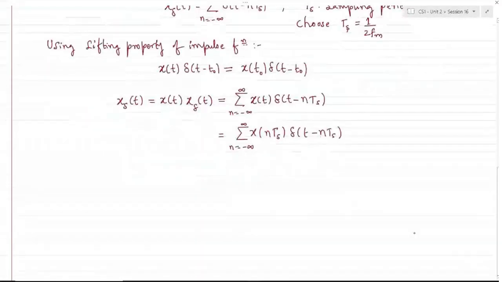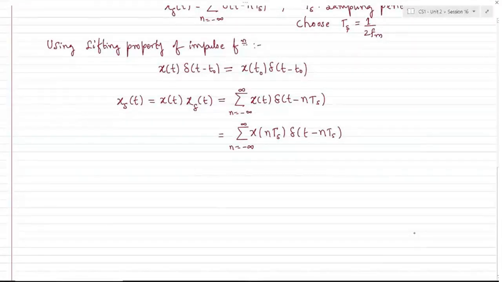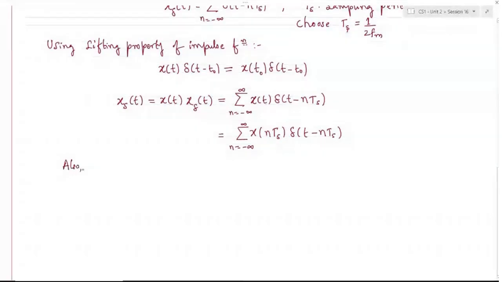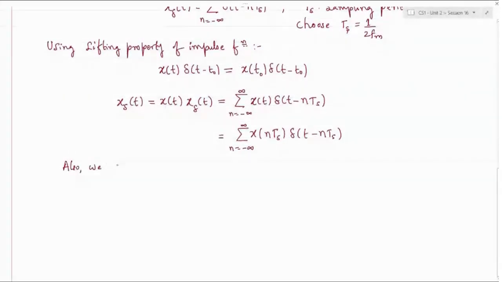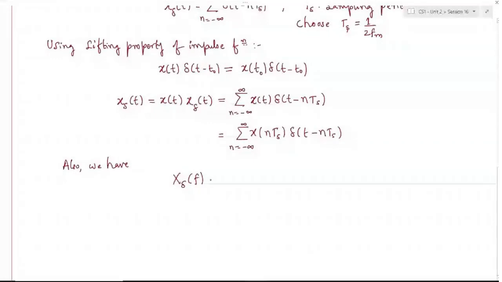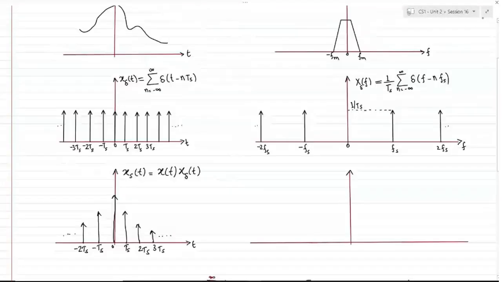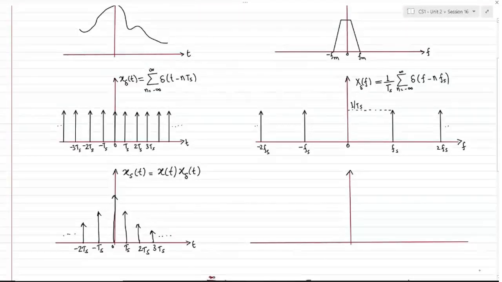Okay, now if I want to have the frequency domain representation of this, also we have x delta of f, which is the Fourier transform of the impulse function, which I have written in this expression.